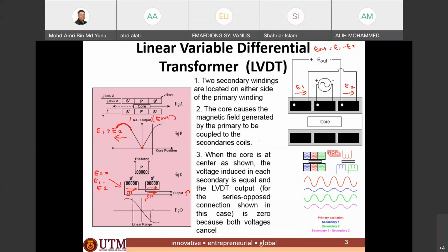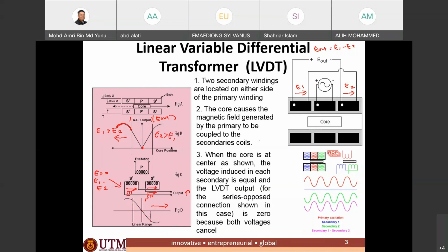When the displacement goes to the right, the amplitude output at the second part of the secondary is much larger than the output amplitude at the first secondary. So as the core moves to the right, the output is decreasing linearly.